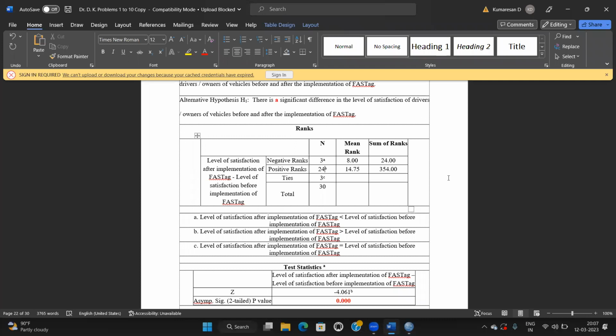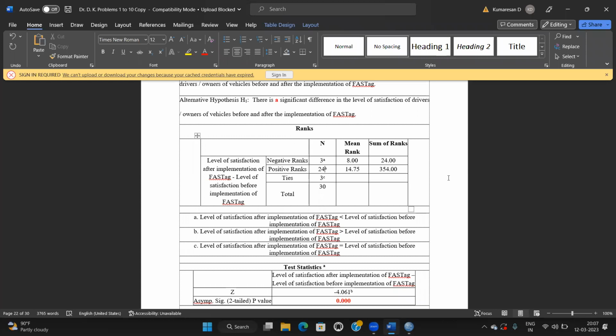Only thing is, we need not enter the exact change. Otherwise, the main idea behind the implementation of FASTag is to save the time, to reduce the consumption of time. But here, even though FASTag is implemented, sometimes the scanner or camera is not working.